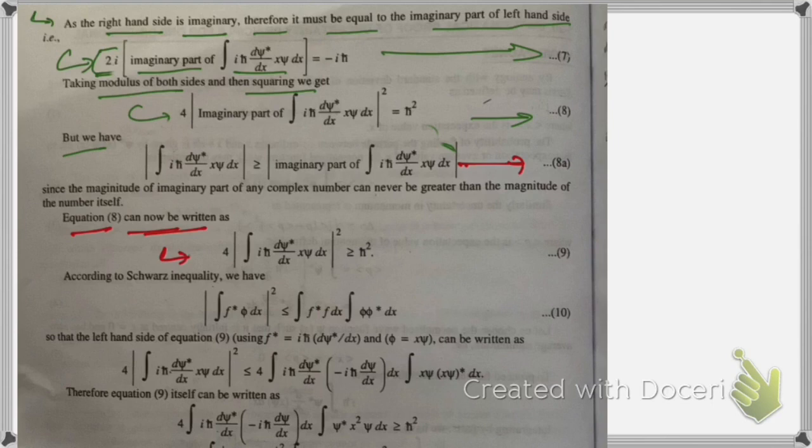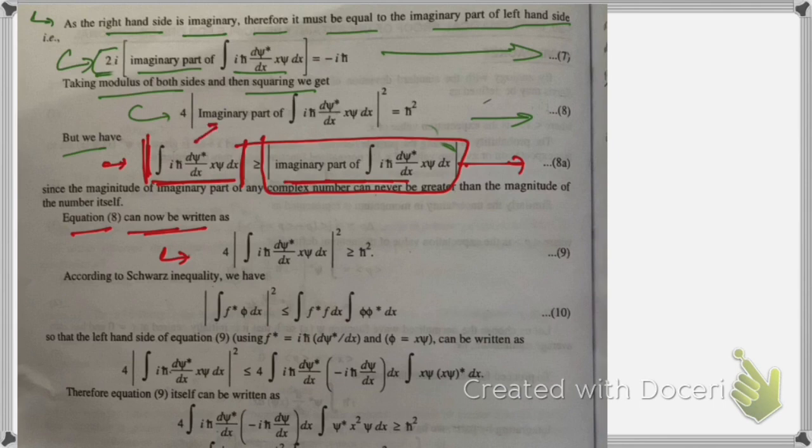So let me tell you how. Here you see, this is the imaginary part, right? The magnitude of this expression is greater than the magnitude of the imaginary part.